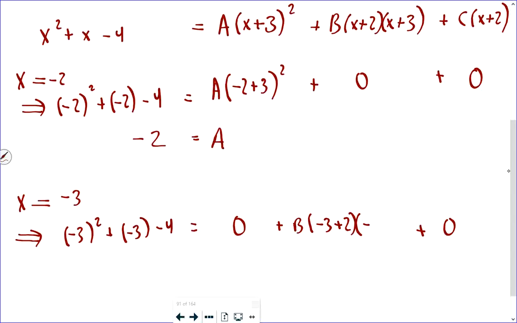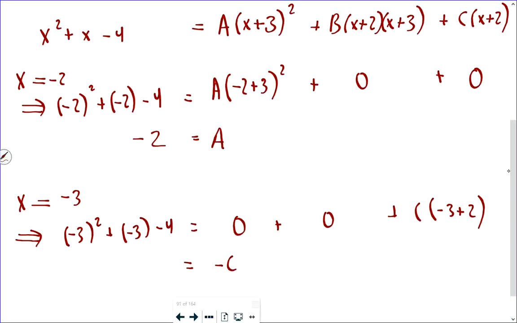It's the last term that sticks around, isn't it? Plus C, which is multiplied by negative 3 plus 2. That gives us negative C is equal to, I believe, 2. So A is negative 2, C is 2. Good?